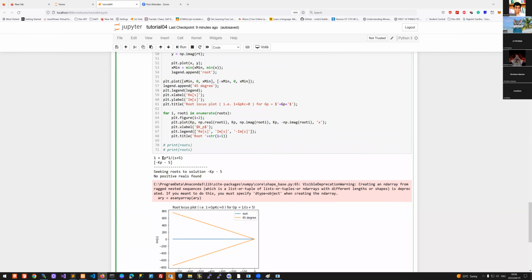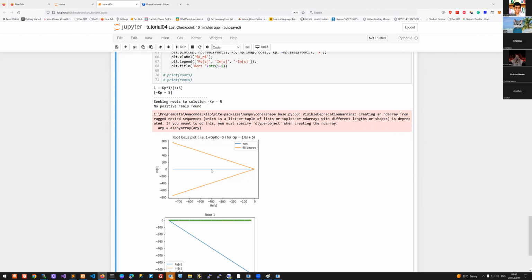And in this case, there is just one solution, minus kp minus 5. It's all real. That's the only solution that we have for this simple situation, 1 over s plus 5.